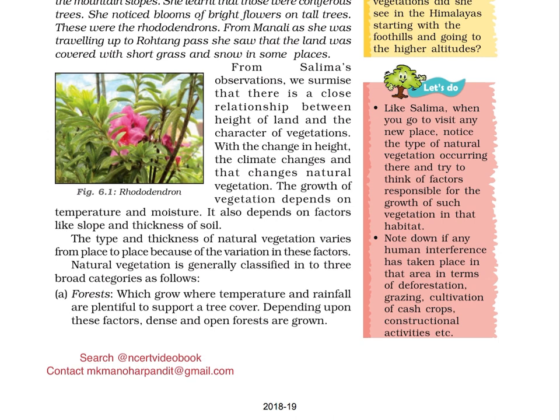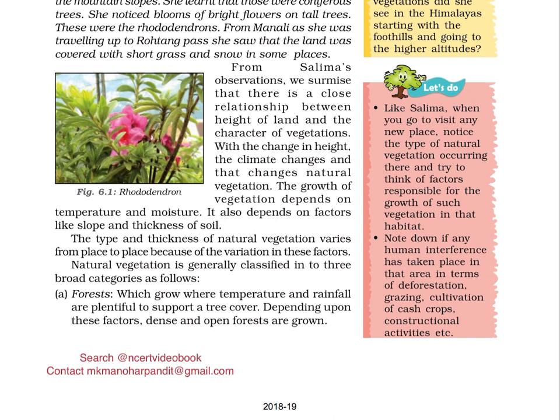On the page we have a picture of rhododendron flower, and on the right side there's a column with two activities titled Let's Do. Now, can you tell why Salima saw changes in the natural vegetation as she climbed higher and higher?